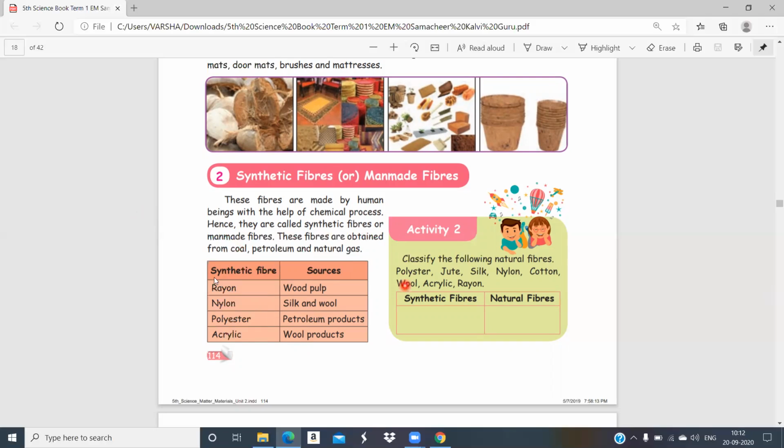These fibers are obtained from coal, petroleum and natural gas. And synthetic fibers include rayon, which is made from wood pulp.